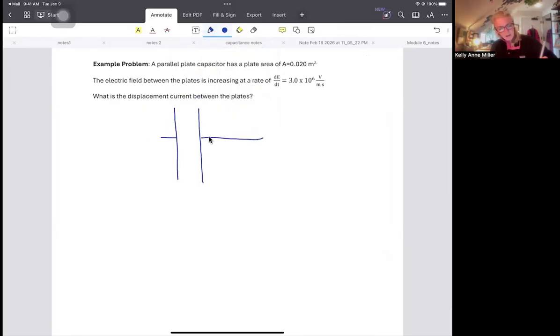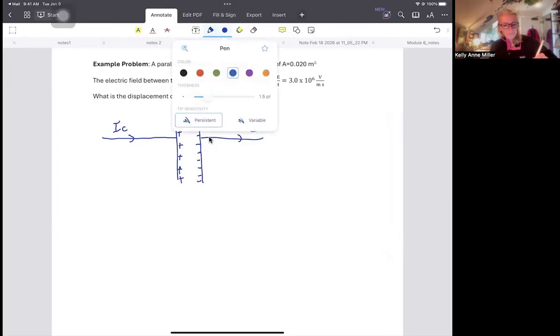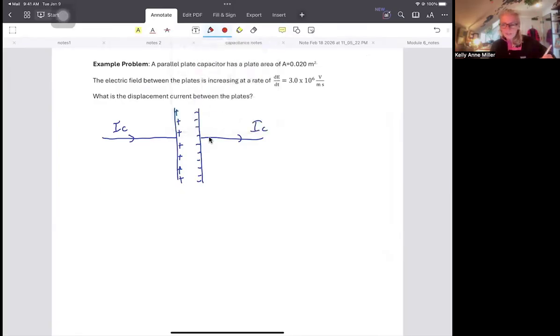Okay, so let's use this as an opportunity to talk about something else. Let's draw it. I've got the conduction current here and here. This plate's charging up positive, and this plate's charging up negative. Let me draw a continuous surface with two different parts to it, so I can use it in Ampere's law. Let's say it's kind of like that on one side.